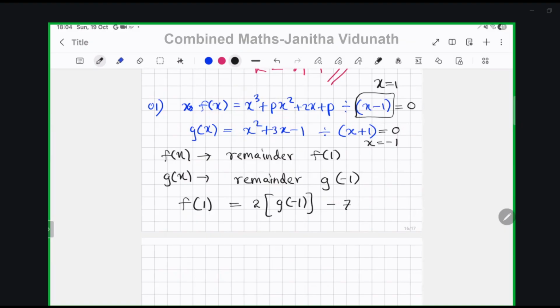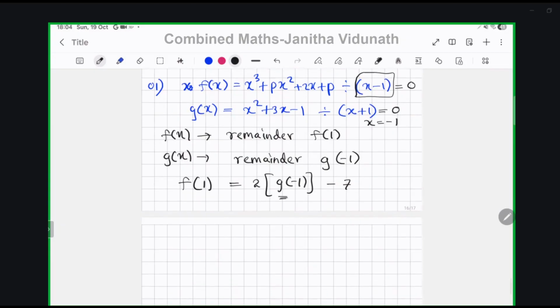That means 7 less than twice of this, 2 times the remainder minus 7. Now we need to plug f(1) here and g(minus 1) here and get the answer.